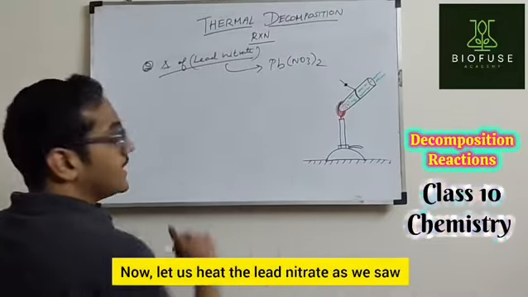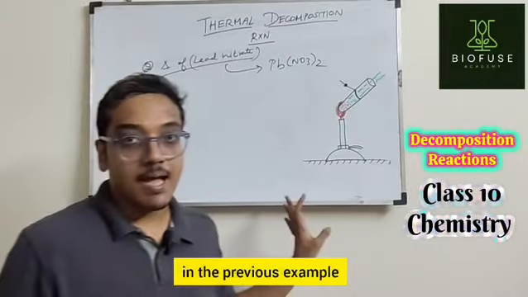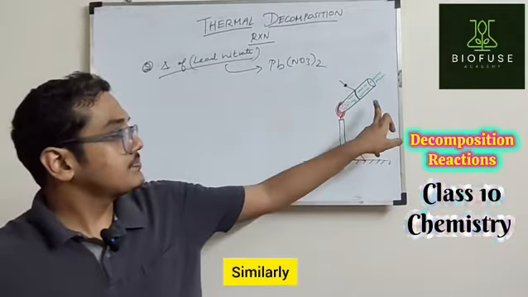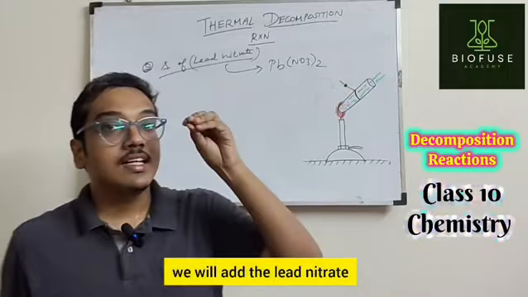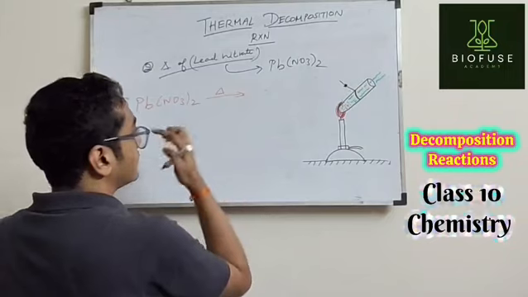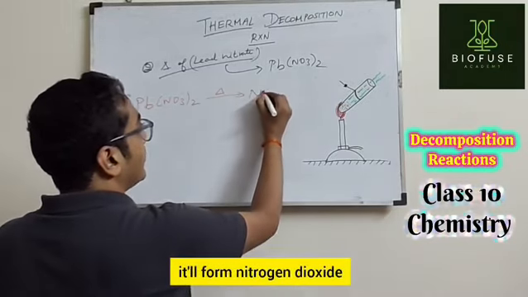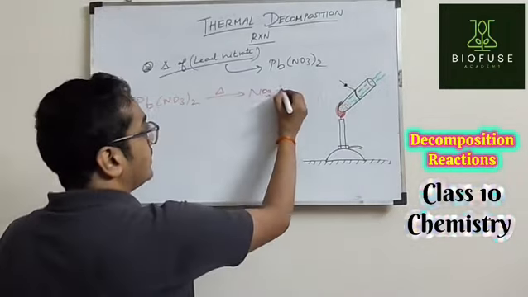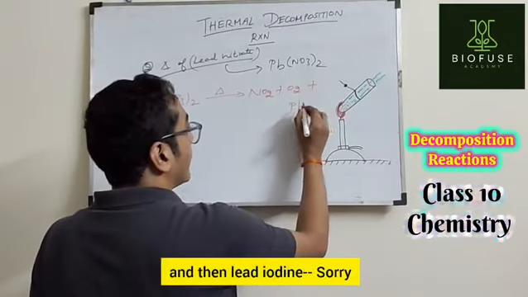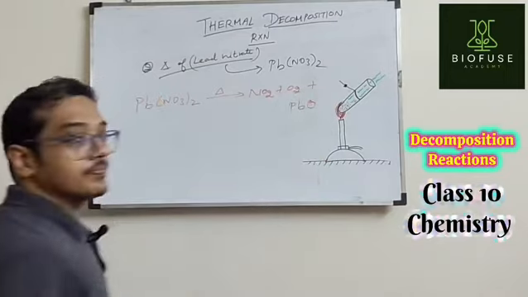Now let us heat the lead nitrate as we saw in the previous example. In the previous example we heated the ferrous sulfate, right? Similarly, in this test tube we will add the lead nitrate. Upon heating, it will form nitrogen dioxide, oxygen gas is liberated, and then lead oxide is formed.